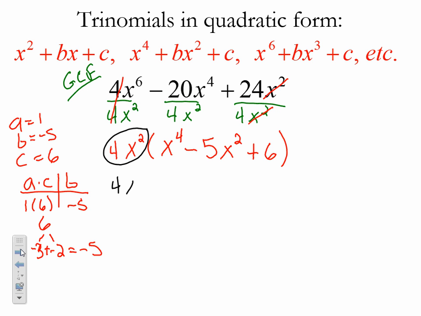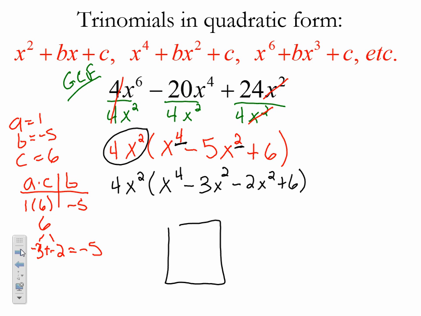So I have 4x squared. On the inside here, I'm going to write x to the 4th, because that's what we have, minus 3x squared minus 2x squared plus 6. Once I get here, plug it into my box: x to the 4th, negative 3x squared, negative 2x squared, and 6. Find our greatest common factors.